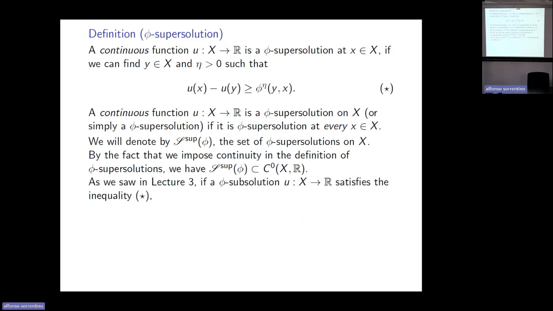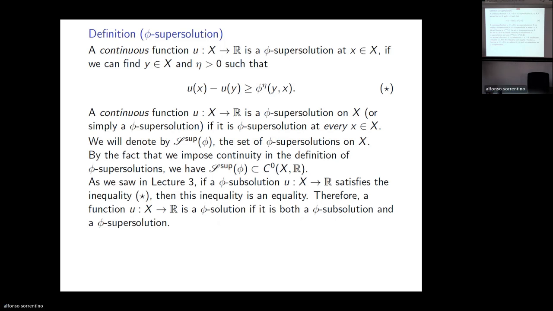Now, if we have a phi subsolution, as we saw in lecture 3, that satisfies the inequality here, then in fact it's an equality. It's because phi of (y, x) is larger than this quantity in this case, and therefore, because phi_eta is larger than phi, everything is equal. So a function is a phi solution if it is both a phi subsolution and a phi supersolution.